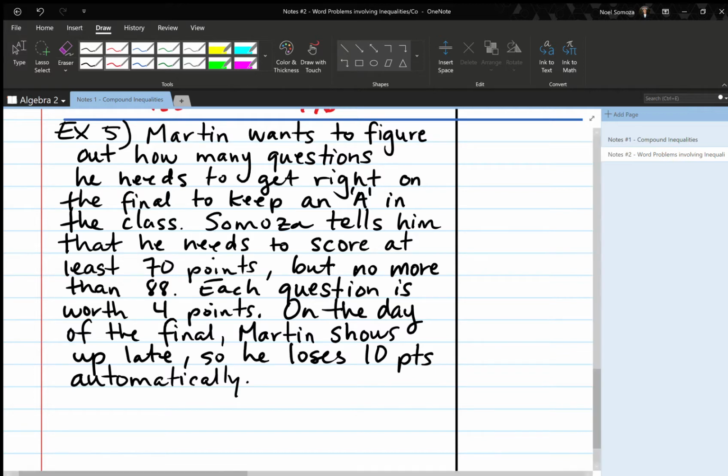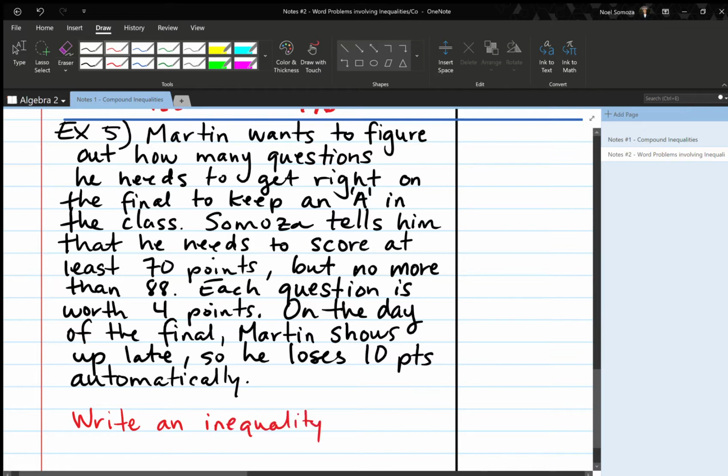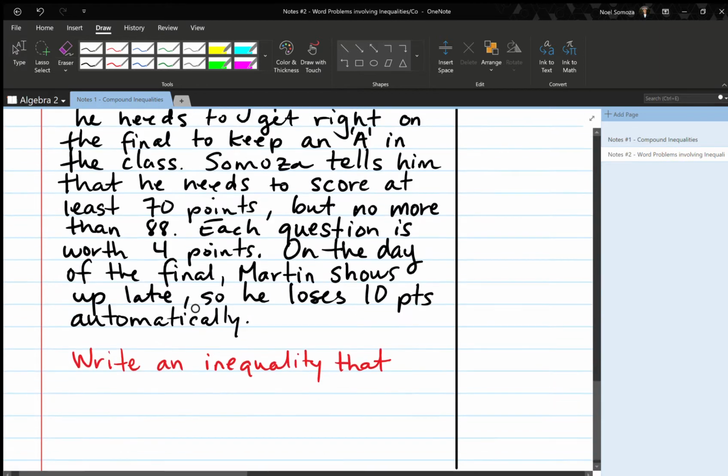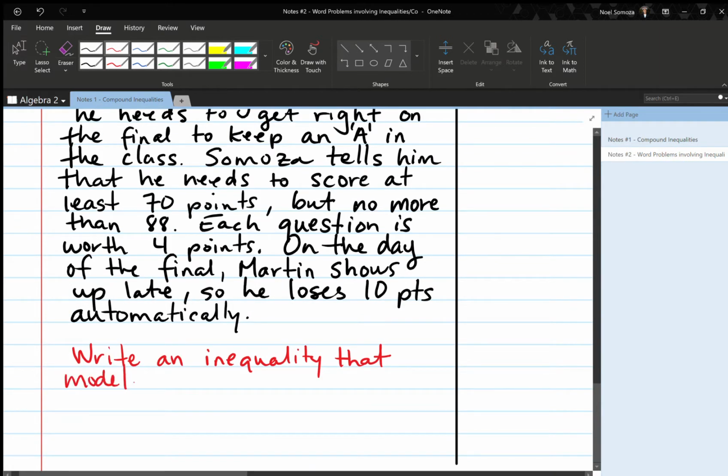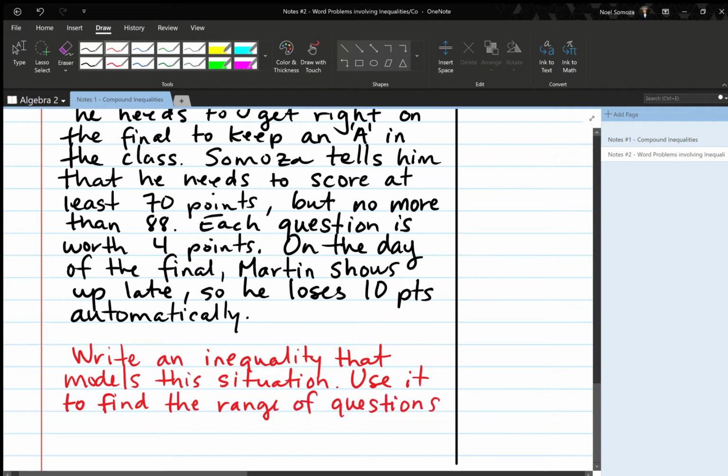So write an inequality that models this situation, and use it to find the range of questions Martin must get correct.